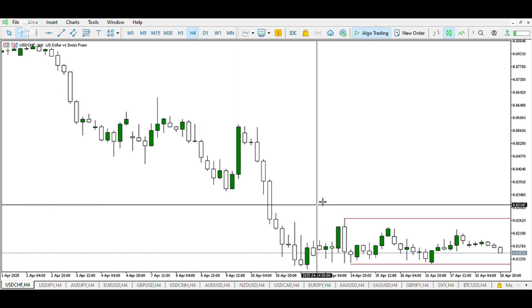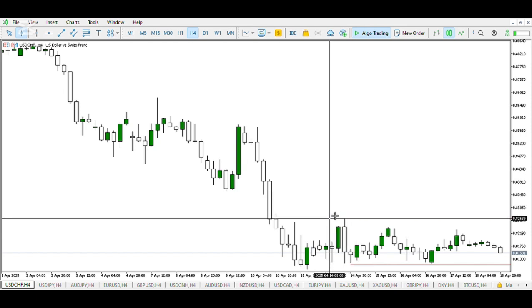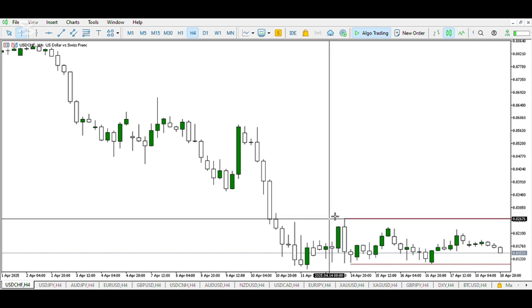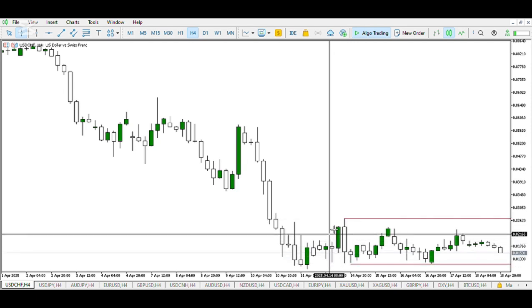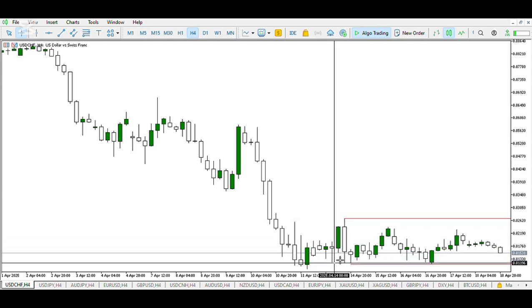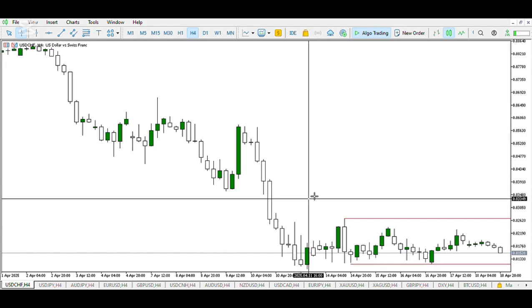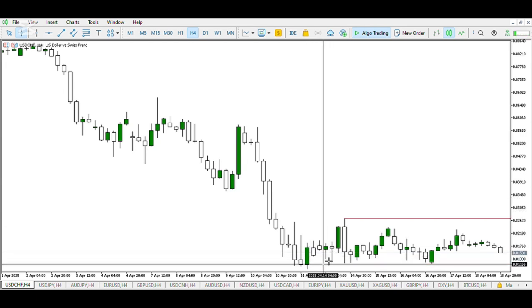Now on USD CHF, right here on the chart, we can see these two red lines, one at the top, one at the bottom. These are the highs and lows of last week, the previous week. According to the liquidity providers concept, we look out for liquidity zones, as these zones are trap zones.